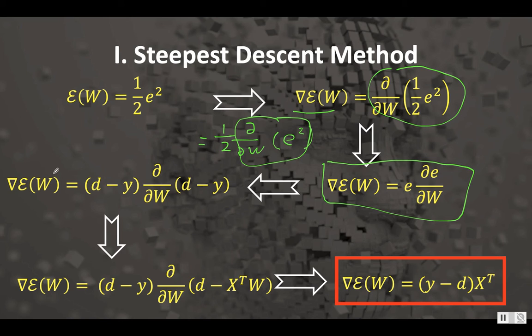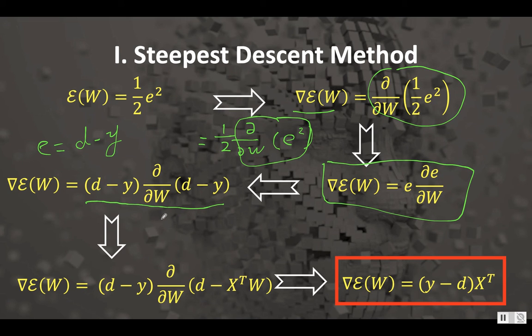So here we know e is nothing but equal to d minus y. If we plug e equal to d minus y into this equation, that is what we get. So nabla epsilon w equals d minus y multiplied with the partial derivative of d minus y with respect to w.